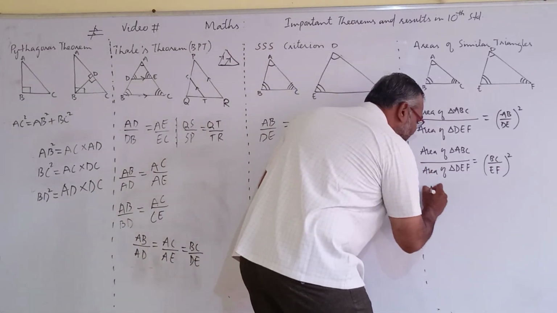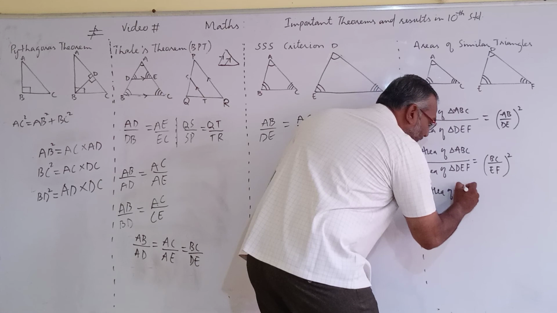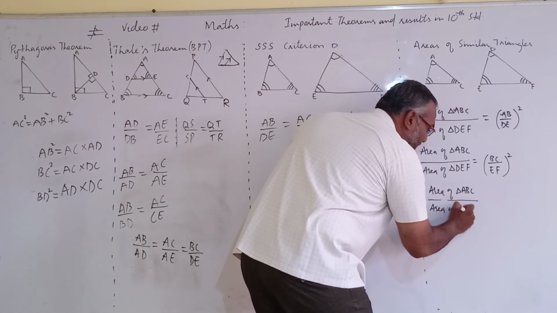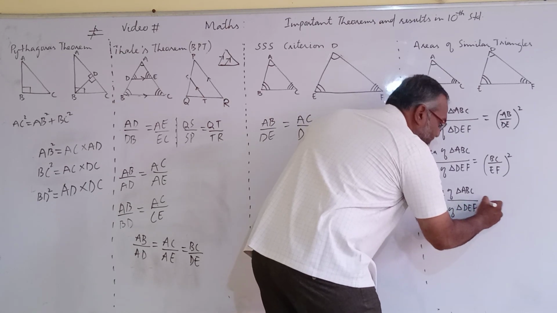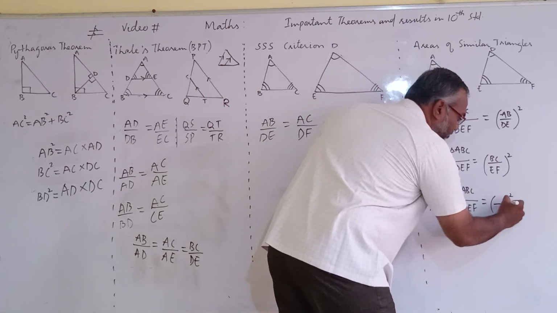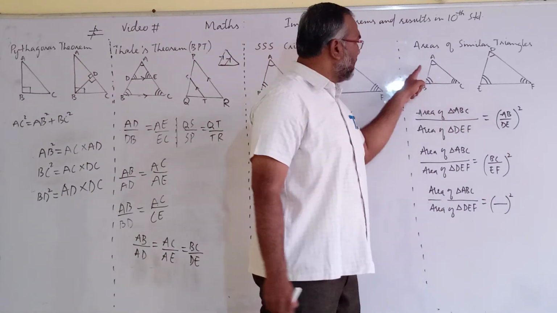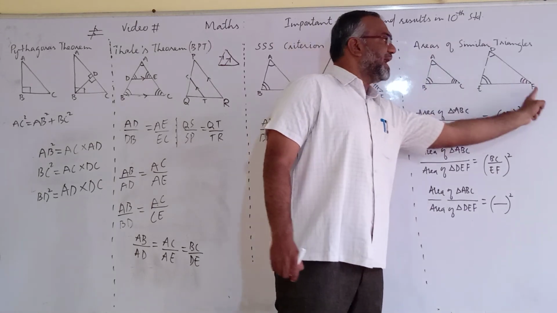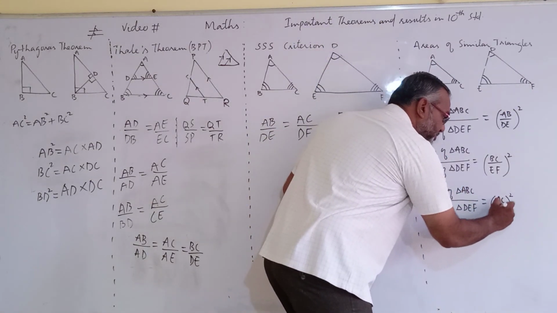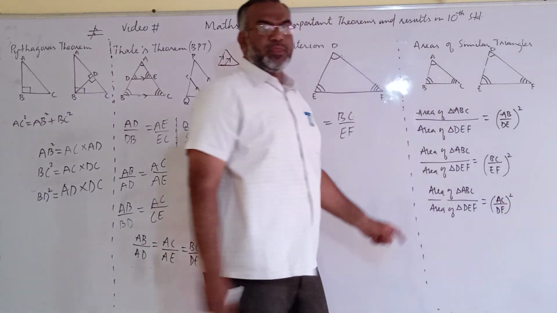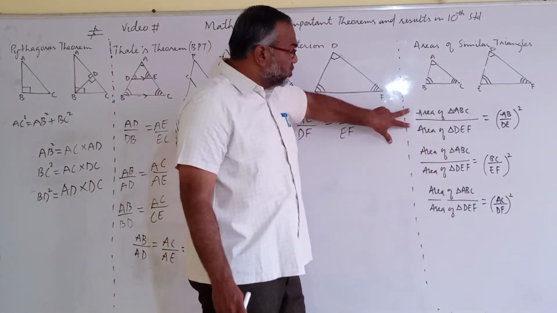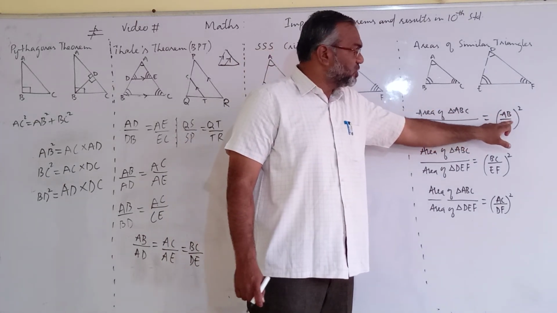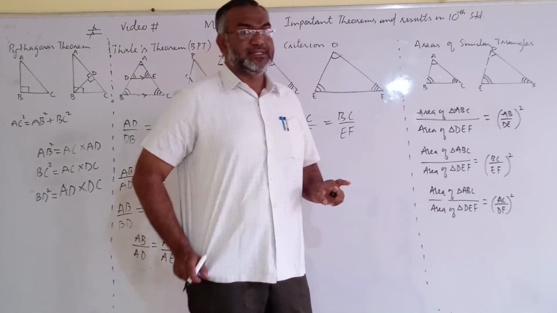Or you can also write like this: area of triangle ABC divided by area of triangle DEF is equal to the square of the ratio of, here I took AB and DE, here BC and EF, here AC and DF. That is also true. These results are true. The ratio of areas of two similar triangles is equal to the square of the ratio of their corresponding sides.